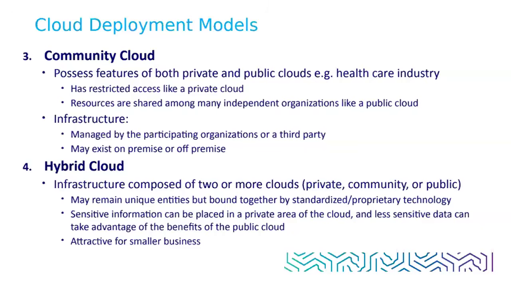A hybrid cloud, on the other hand, combines two or more cloud deployment models like private, community, and public cloud, which allows the organization to store sensitive information in a private cloud while using the public cloud for less sensitive workloads, making it a flexible and attractive solution, particularly for smaller businesses.